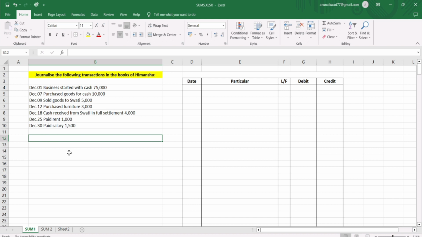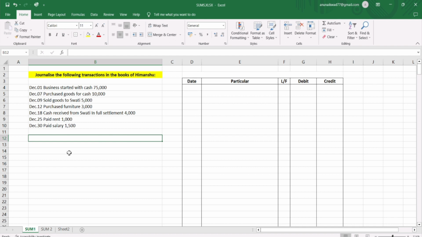December 9, goods sold to Swati rupees 5,000. December 12, purchased furniture 3,000. December 18, cash received from Swati in full settlement 4,000. December 25, paid rent 1,000. And last, December 30, paid salary 1,500.